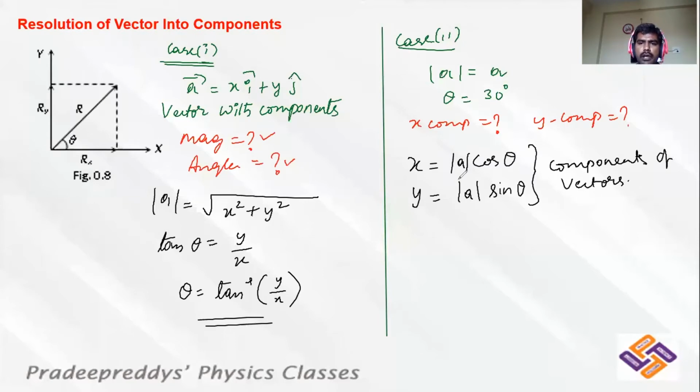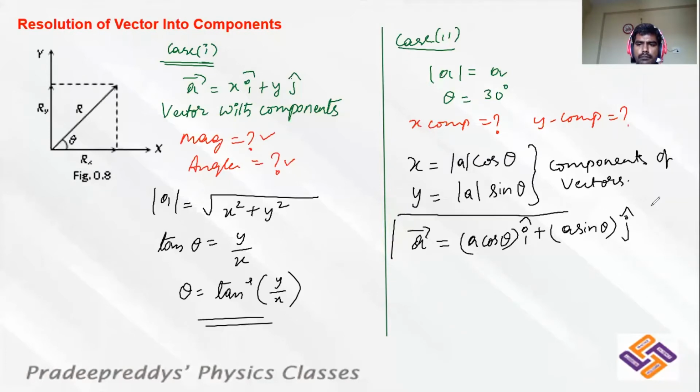Now how can you write down this vector a bar? A bar can be written as x component, it is a cos theta i cap plus a sin theta j cap. So if the magnitude of the vector and the angle are given to you, you can find out the vector.